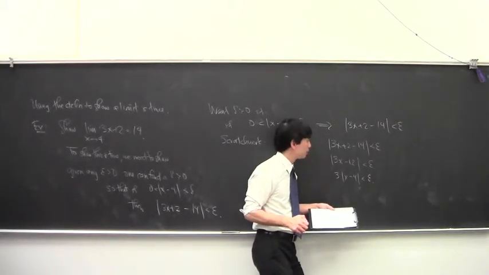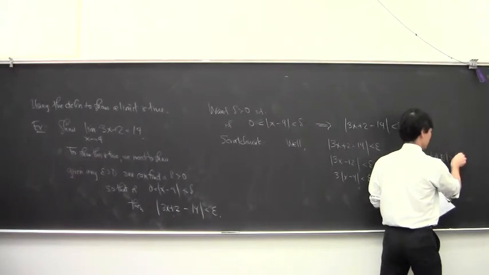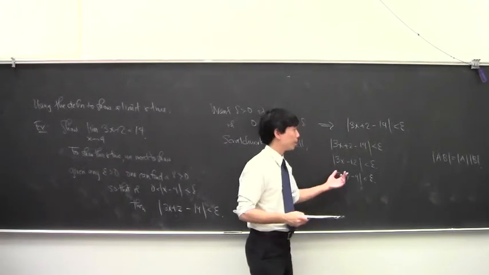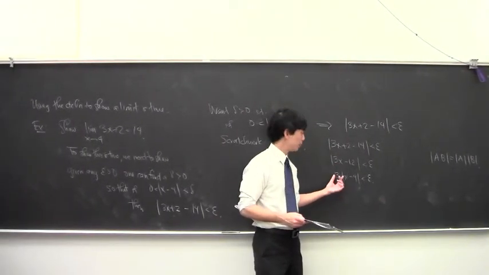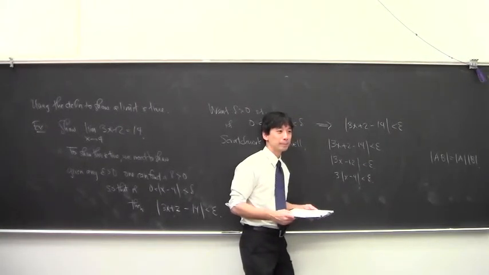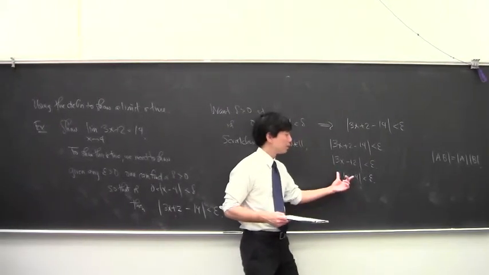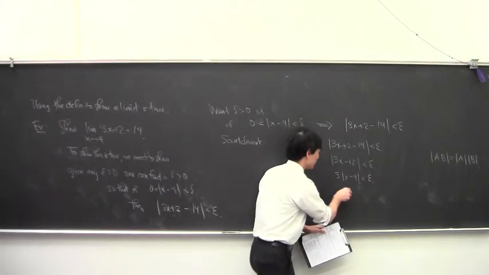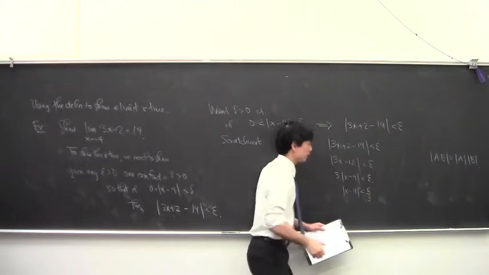How can you do that? The absolute value of a product is the product of the absolute values for any numbers, and the absolute value of 3 is just 3. Everyone all right? This is the same thing as that, and that's the same as saying that the absolute value of x minus 4 is less than epsilon over 3.